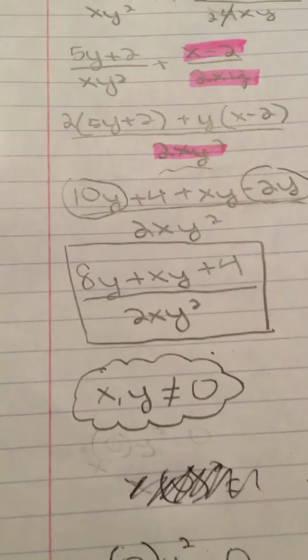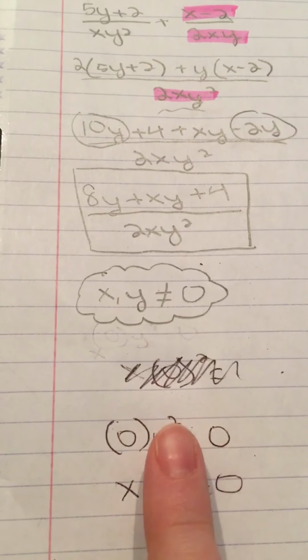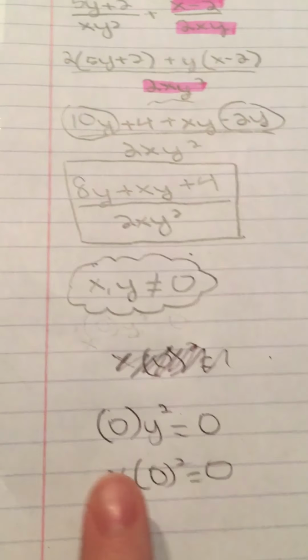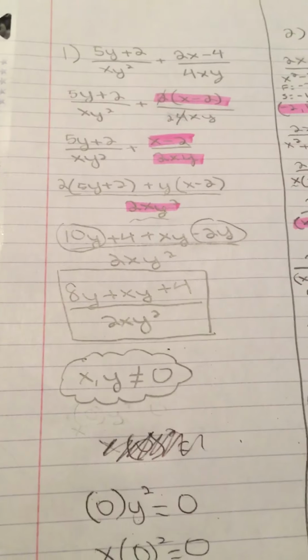So I thought that 0 times y squared would just equal 0, and x times 0 squared is 0 as well. So yeah, first problem.